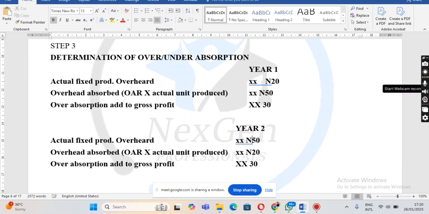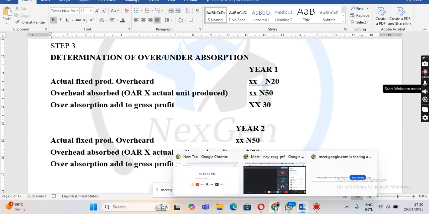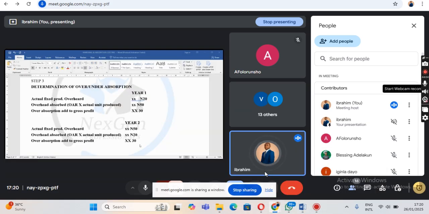Class, your overhead absorbed is like your budgeted. Class, the question will test you. They will use something to test you under the variance analysis. Your actual fixed production overhead will be given to you, and your budgeted will be given to you. So you will look at it: is it favorable variance or adverse variance? You cannot compare those two together.